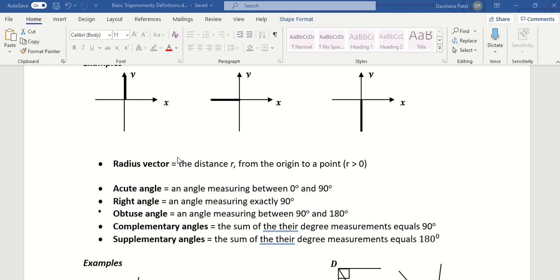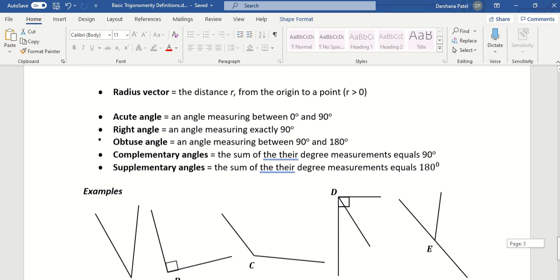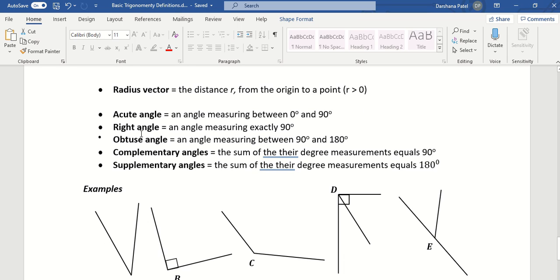Acute angle, an angle between 0 degrees and 90 degrees, is the acute angle. A right angle is an angle of exactly 90 degrees. An obtuse angle is an angle measuring between 90 degrees and 180 degrees. So acute is between 0 and 90, right angle is exactly 90, obtuse angle is between 90 and 180 degrees.